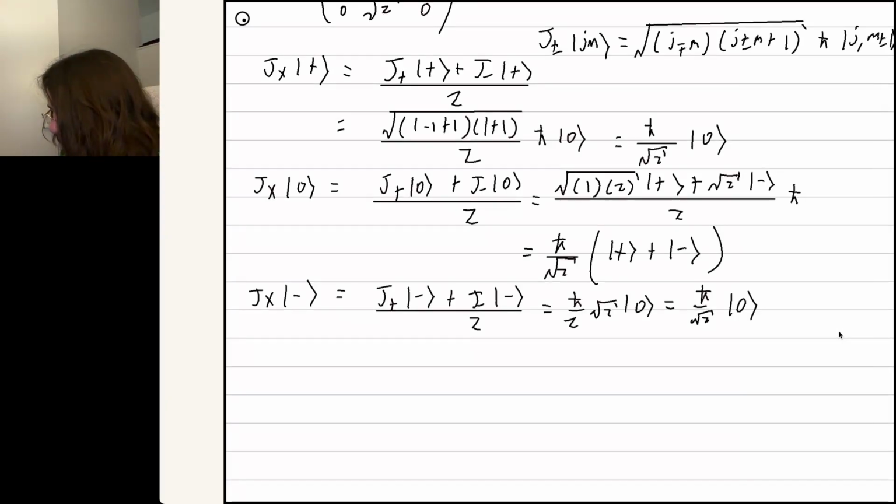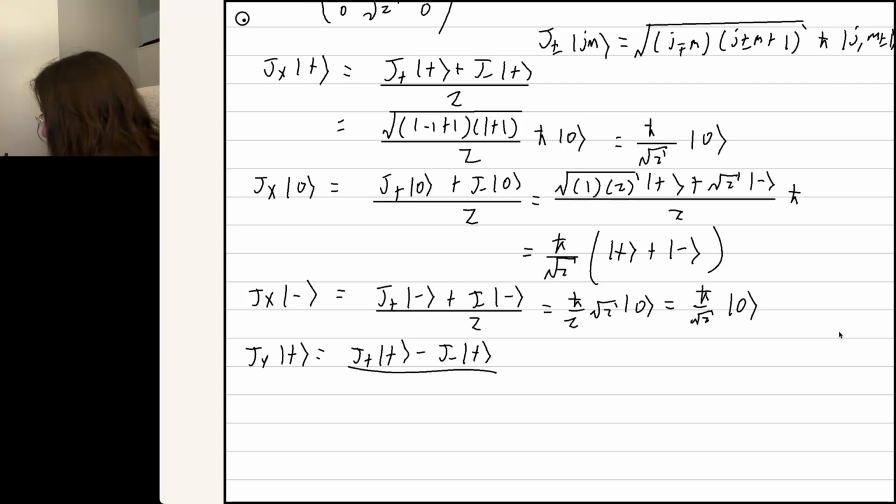Then what about jy? We'll operate the up vector on that, so it's going to be j plus up minus j minus up over 2i, which will give you minus h bar over root 2i times the 0 vector.